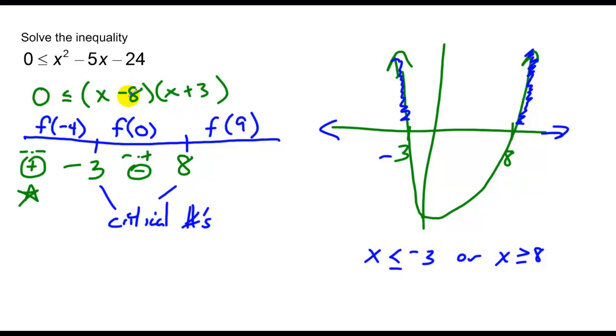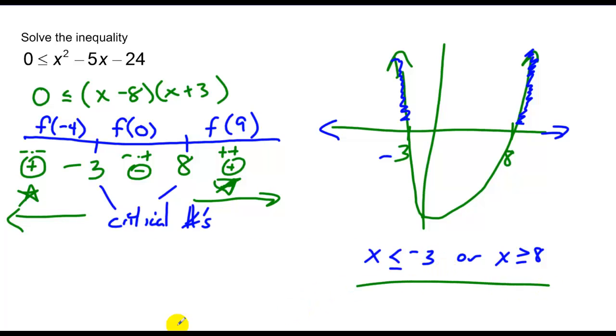When I plug a 9 in, I get a positive and a positive multiplied together, which is a positive, which is also a good value. And these values here describe my answer here. So once again, my answer is x is less than or equal to -3, or x is greater than or equal to 8.